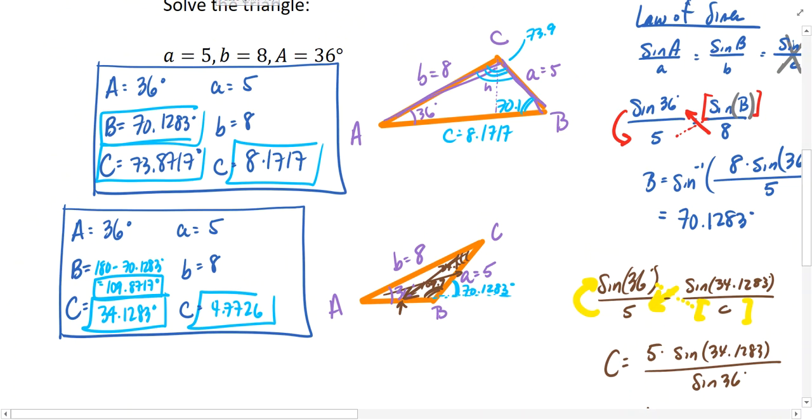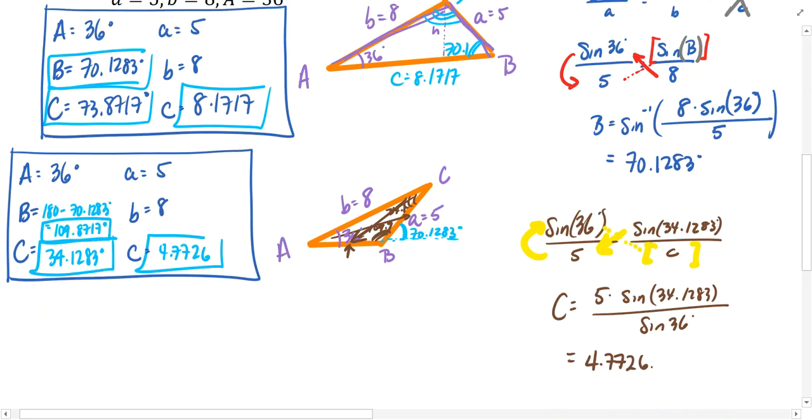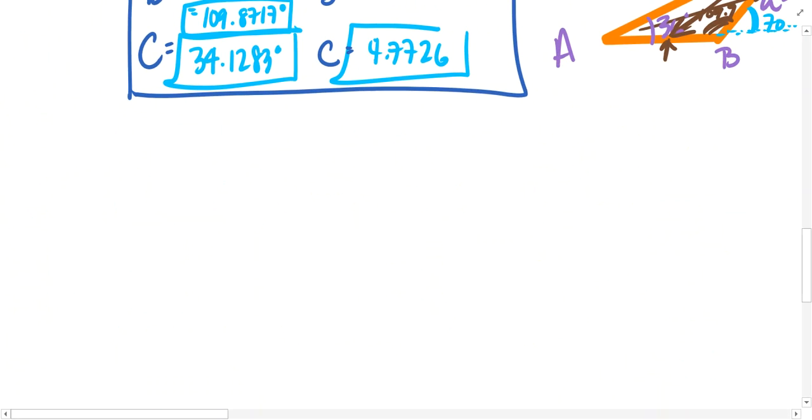So when you're dealing with this particular case, it presents itself when you're solving a triangle that falls under case number 2. Let me just make a note down here.